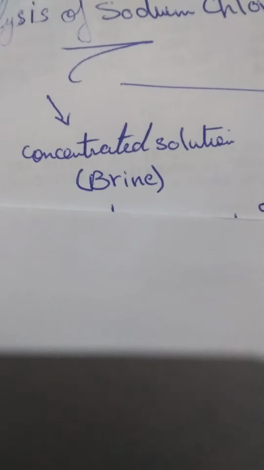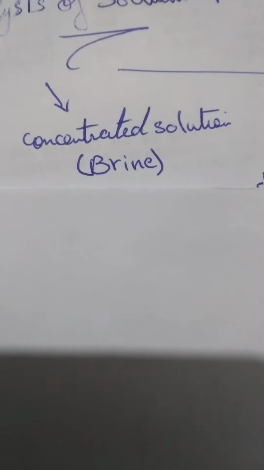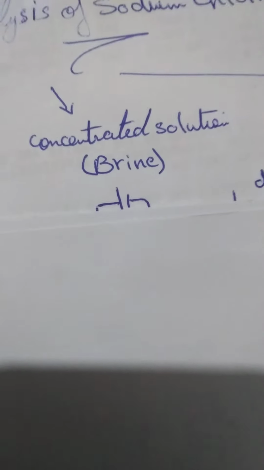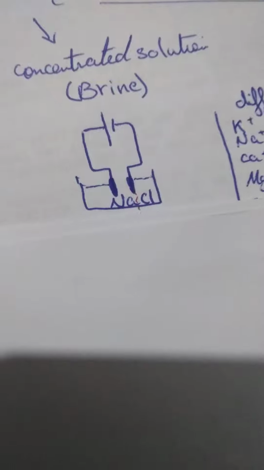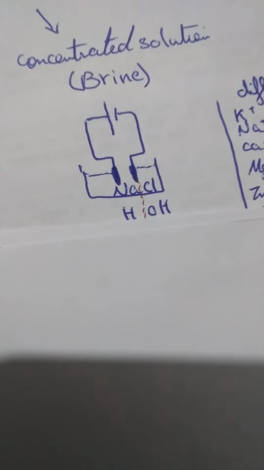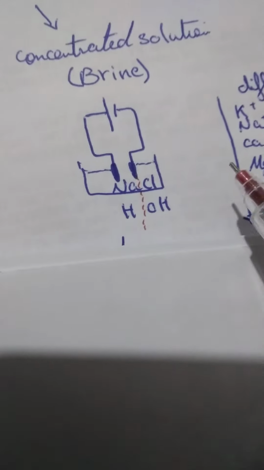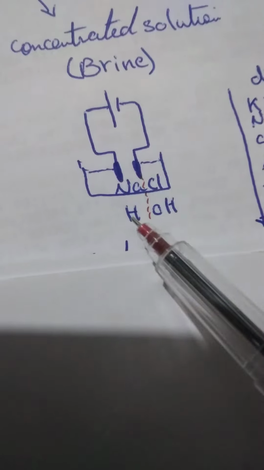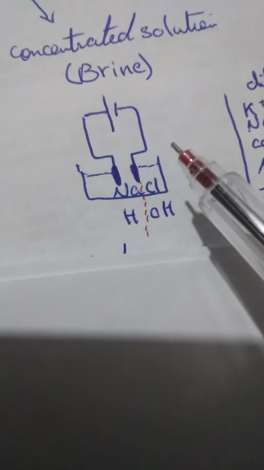Now we will go to another part, which is the concentrated solution, commercially called brine. Once again, we will have our electrolytic cell, but here we have a concentrated solution, which means together with the sodium chloride ions, we have water molecules, which will have the same effect by the passage of current.